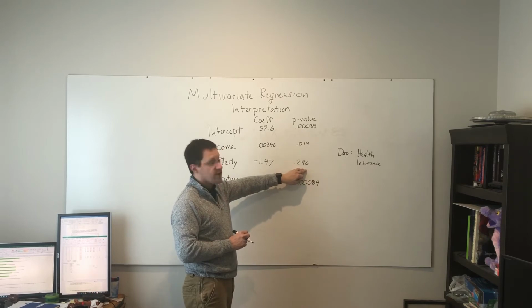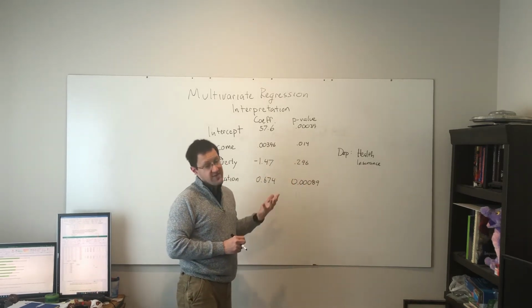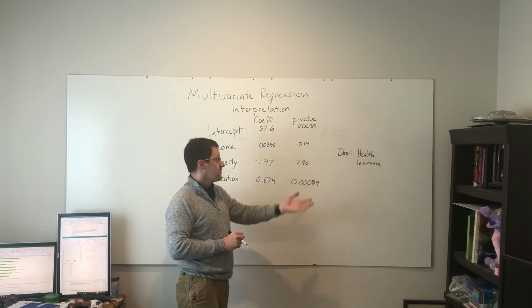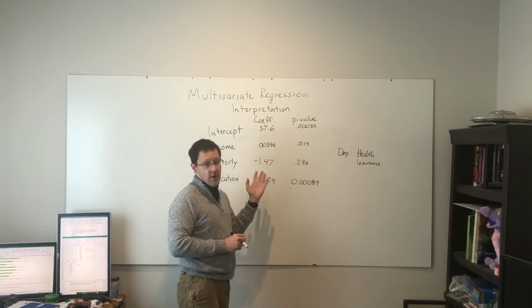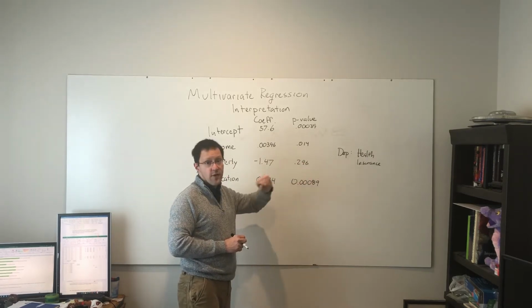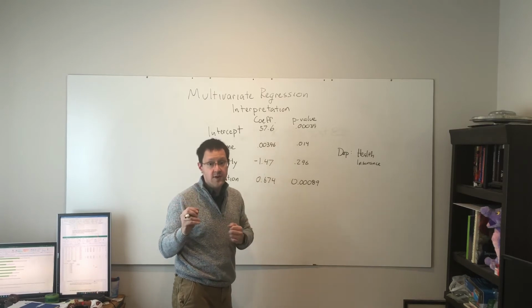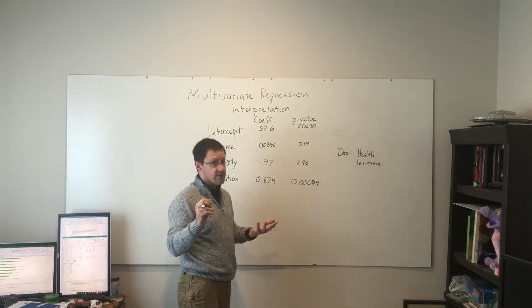This particular p-value is above a threshold, and so we would say there's not really a relationship there. People under the poverty line may qualify for Medicaid, and therefore they still have health insurance, so intuitively it can make sense that this would not be significant.